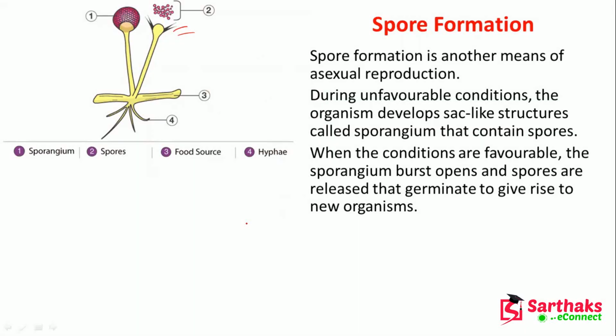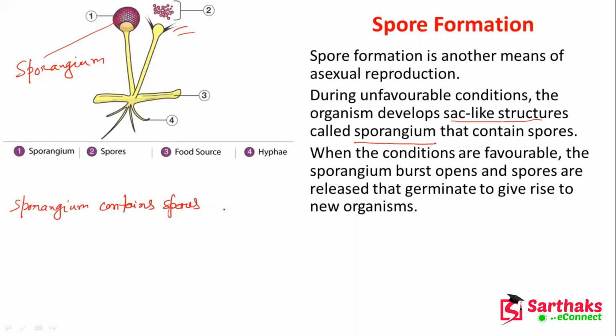During unfavorable conditions, the organism develops a sac-like structure called the sporangium, and this is the sporangium. It contains spores. And when the conditions are favorable, the sporangium bursts open and spores are released and germinate to give rise to new organisms.